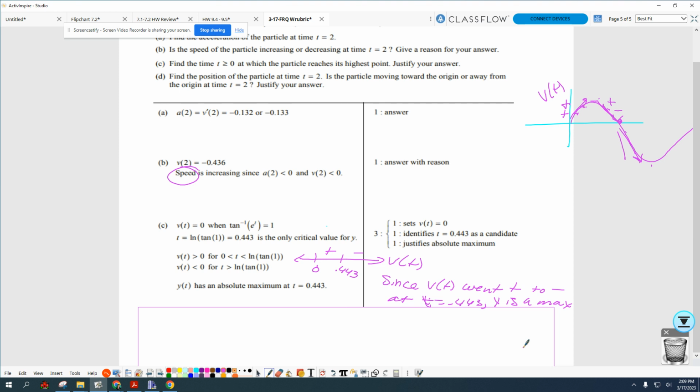Since the velocity went positive to negative at that specific x value, velocity was the derivative of position. The y position will be a maximum at that point.